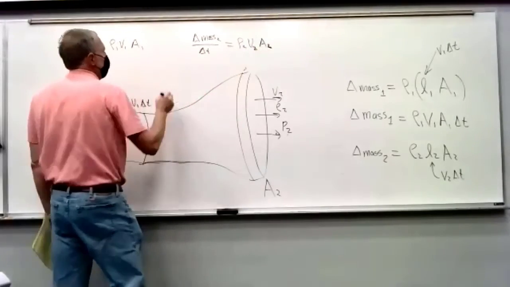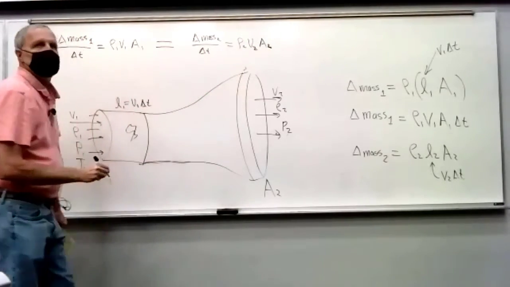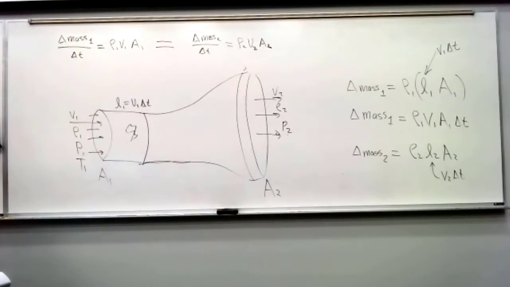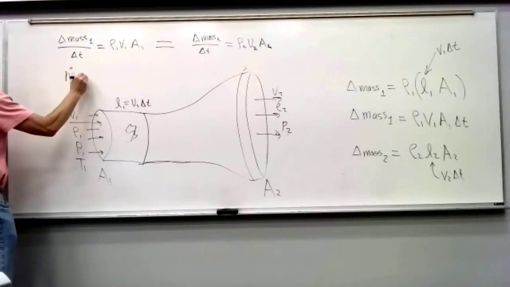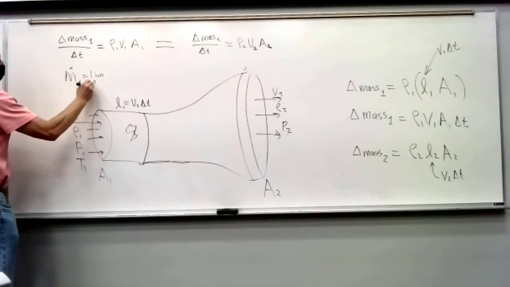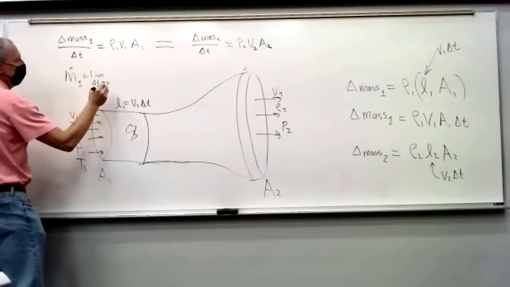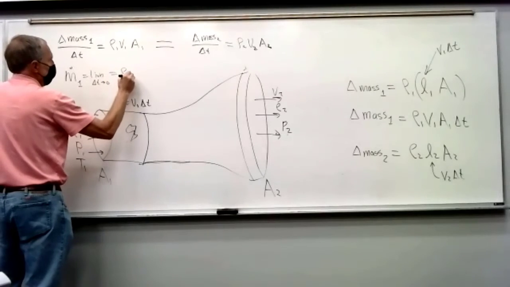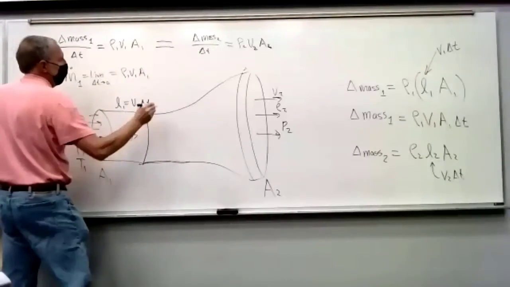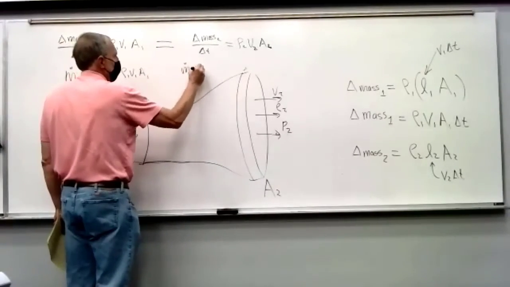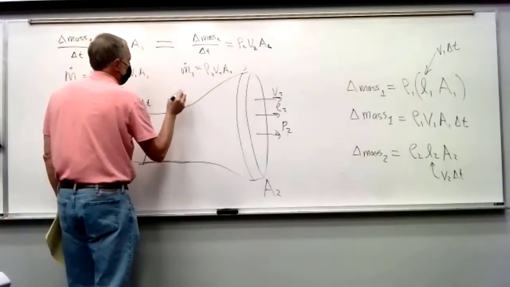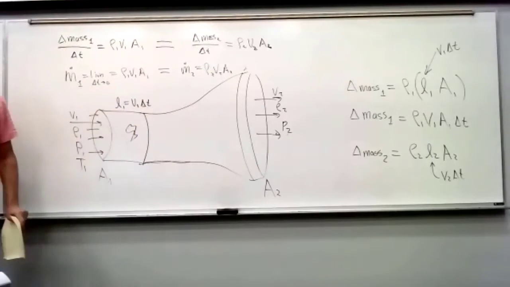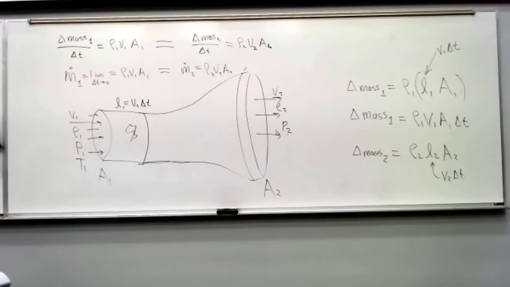And if nothing builds up inside, those two have to be equal. And in the limit, as delta t goes to 0, we call this m1 dot, which is rho 1 v1 A1. And then this is m2 dot. So if we write it like that, we say the mass flow rate, mass per unit time going in, has to equal the mass per unit time going out.